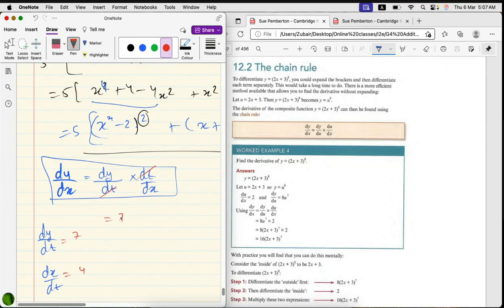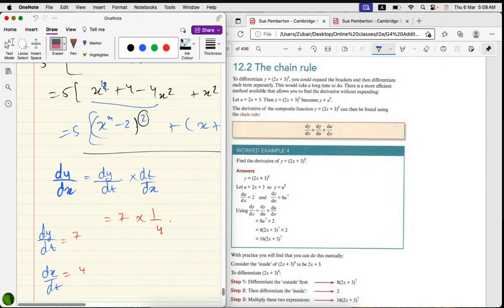So definitely we can substitute it like this, reciprocal, and dy by dx will be 7 by 4. Wait, I don't understand. So dy by dx itself is just canceling out the time? We won't be cancelling out. I'm just showing that the left hand side is equal to the right hand side if we write it in this way.